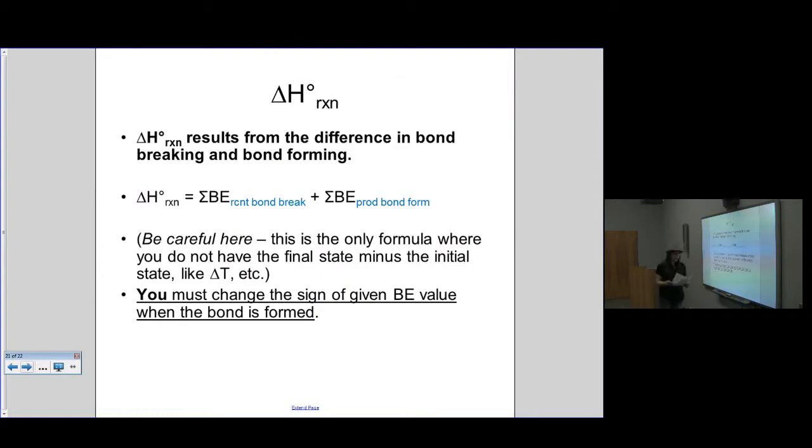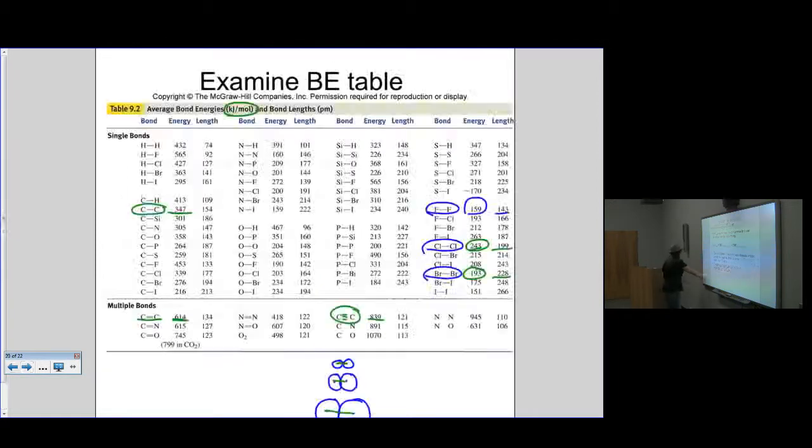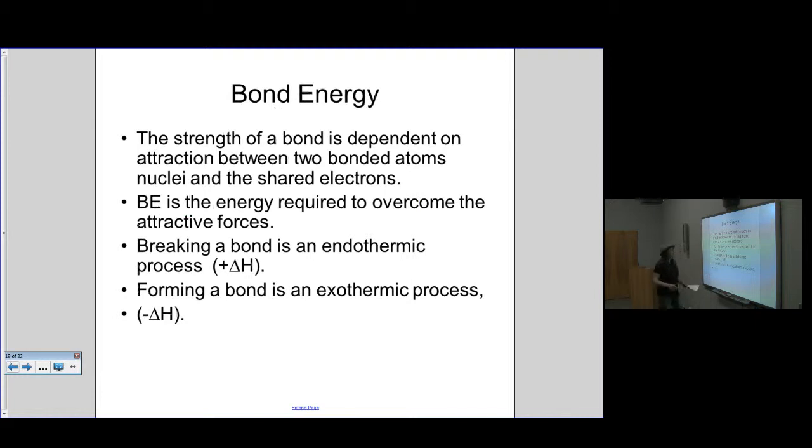All right, so I was just going to go back. The strength of the bond is dependent on the attraction between the electrons and the nuclei of each set of atoms. Bonding energy is required to overcome the attractive force. So we need to add energy, heat energy, to break the bond.